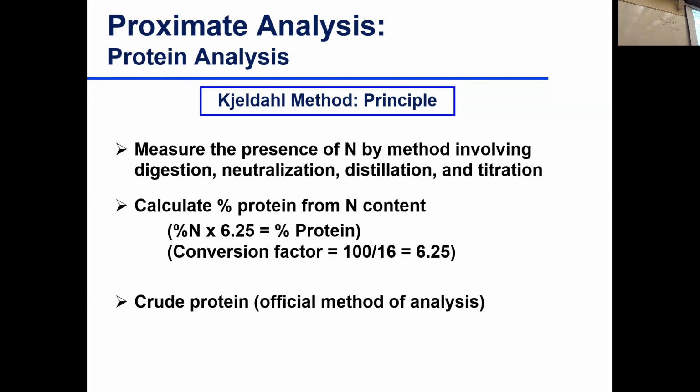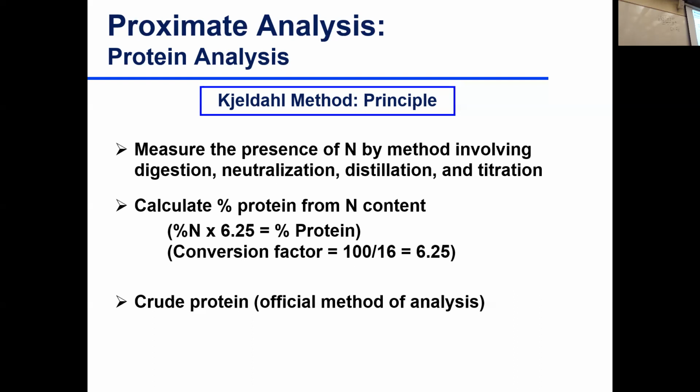But 6.25 is the common one used because on average you have 16% nitrogen in a protein. That is the average. For example, cheese is low in basic amino acids, so the conversion factor is 6.38 because it has a lower percent nitrogen.